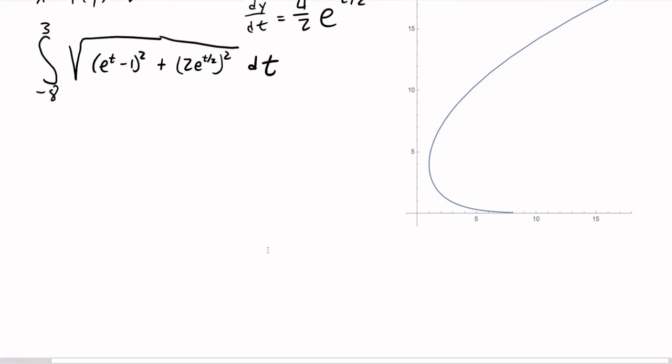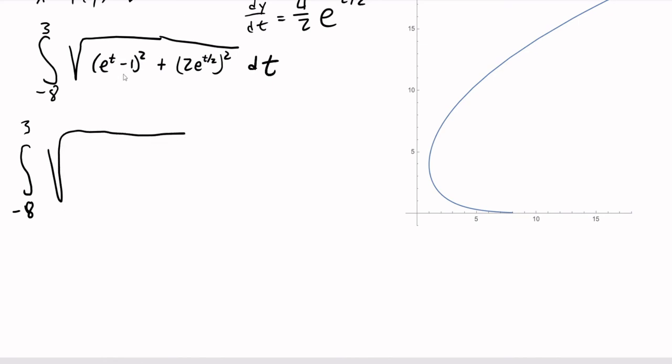We're going to have to check it out. Who knows what's going to happen? So this is -8 to 3. Now under the square root, we'll make it bigger this time. I've got e^(2t) minus 2e^t plus 1. That's multiplying this one out, so make sure you're doing that along with me. And then this one is going to be plus 4, and squaring these is going to be e^t dt.